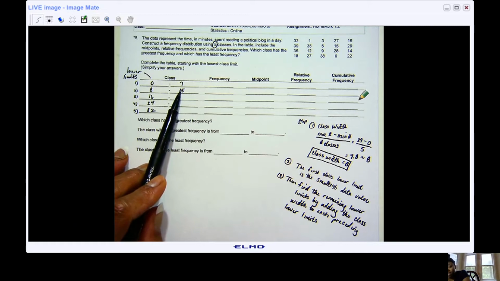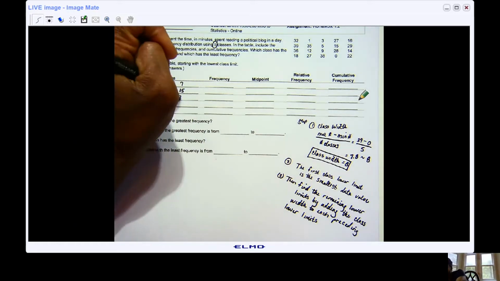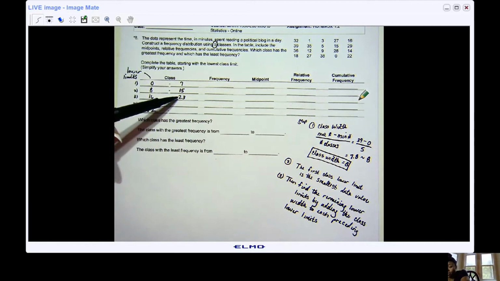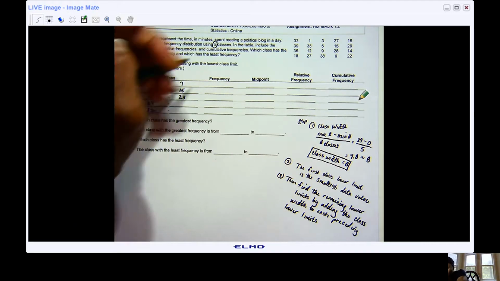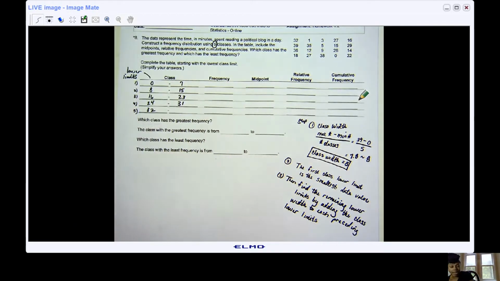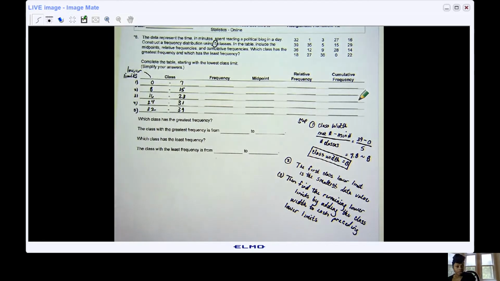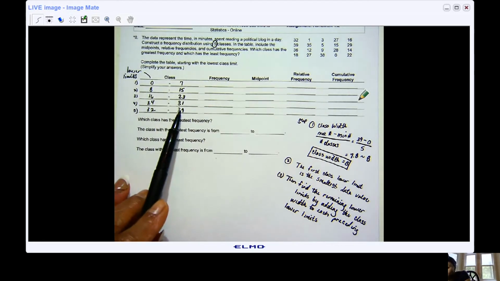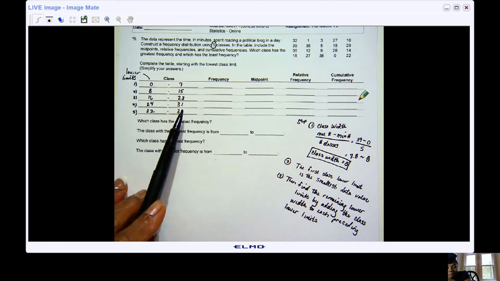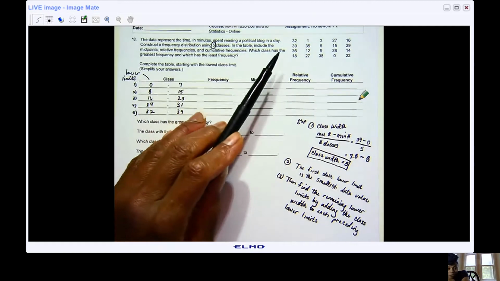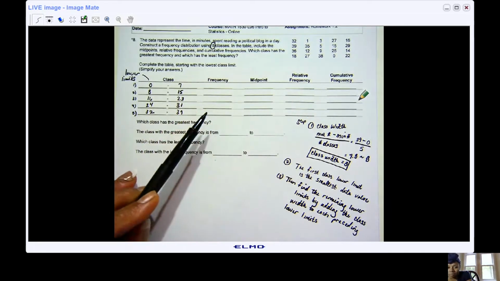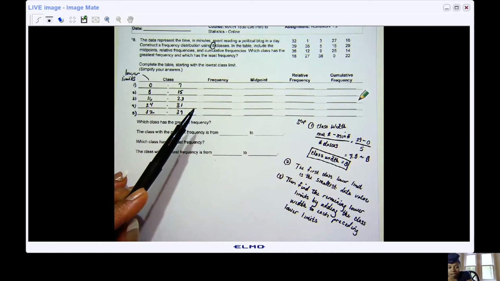And you can say 15 plus 8, and you'll get 23. And then 23 plus 8, and you'll get 31. And then finally 31 plus 8, you'll get 39. So that very last upper class happened to be an entry in the data set for this problem, but it didn't have to be.